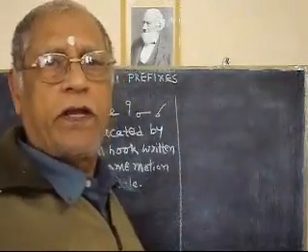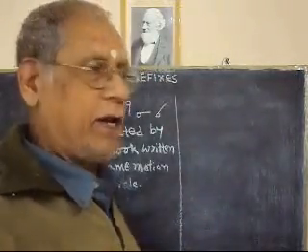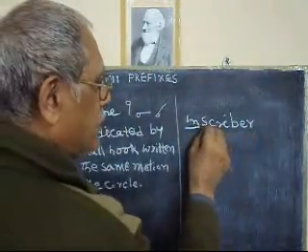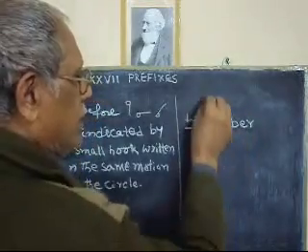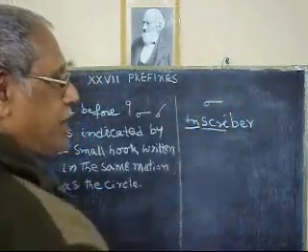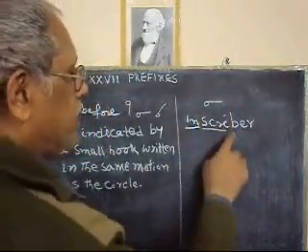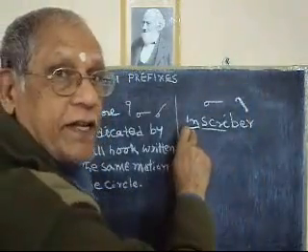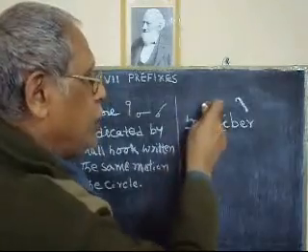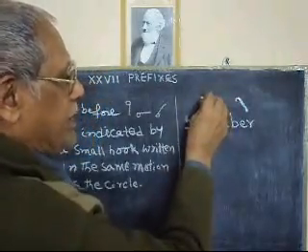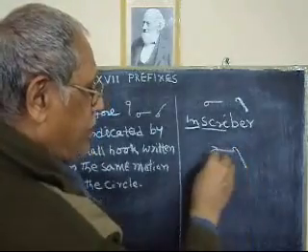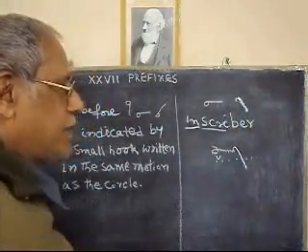Inscribe. In is the prefix. Scribe. Suppose scar like this. You will write. Isn't it? This prefix in is represented by a small hook written in the same direction. Inscribe. You put the vowel.